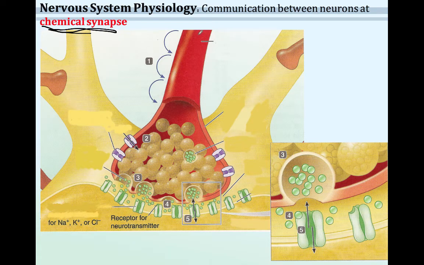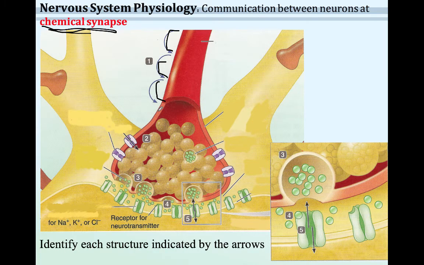We can see two neurons, and neuron number one is right here. All we're seeing is the telodendria and the synaptic knob. We don't even know if the axon connected to this is myelinated or unmyelinated. It doesn't matter. Either way, the action potential is traveling down the telodendria to get to the synaptic knob. That's what's going on here.